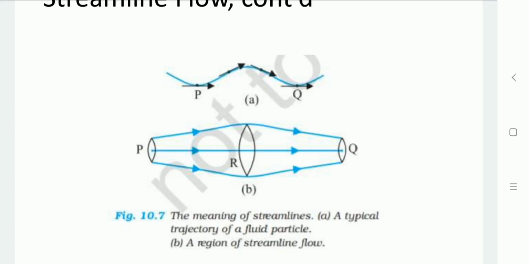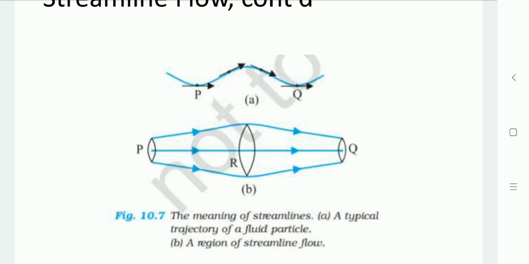In diagram A, we can see the curve which defines how the fluid particle moves with time. The curve PQ is like a fluid flow. It defines how the fluid streams. No two streamlines can cross each other.